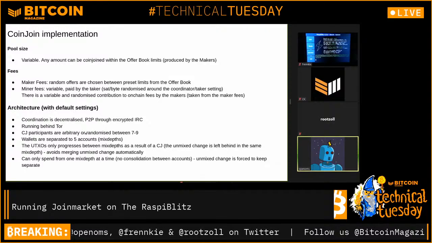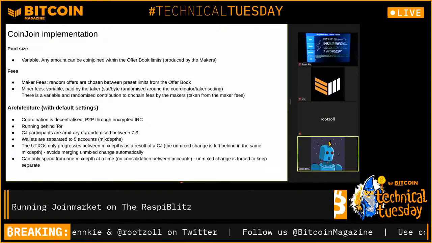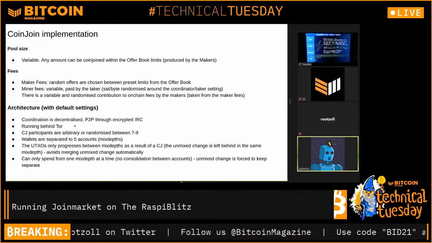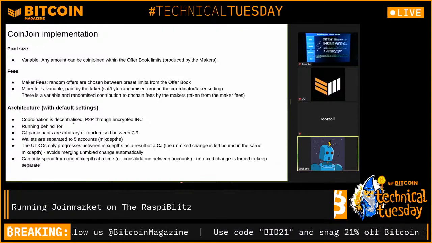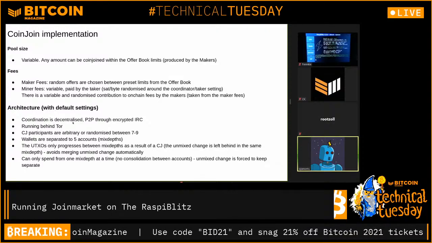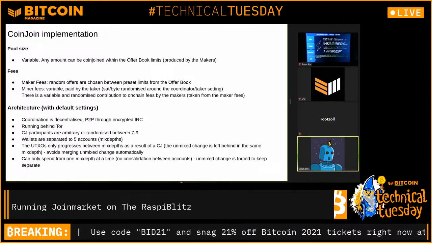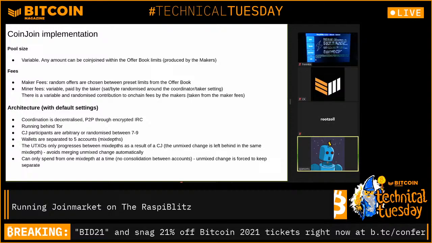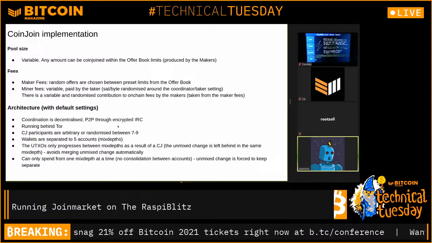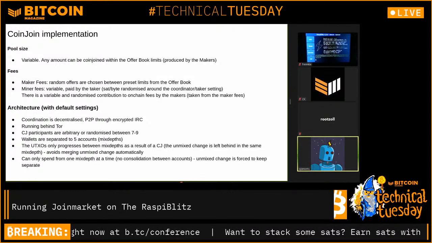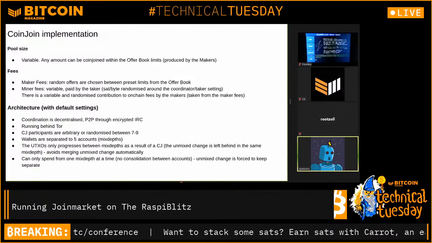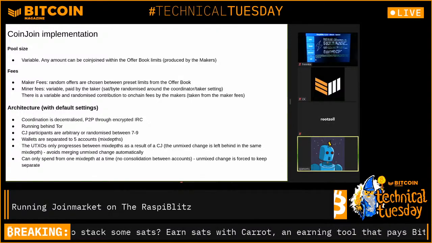The architecture of how the software is running by default: we spoke about the coordination, which is decentralized in a way that most transactions are done by different takers. There is no central server, but it runs through multiple IRC servers, and the communication between the peers is encrypted as well, so the IRC server wouldn't see anything.